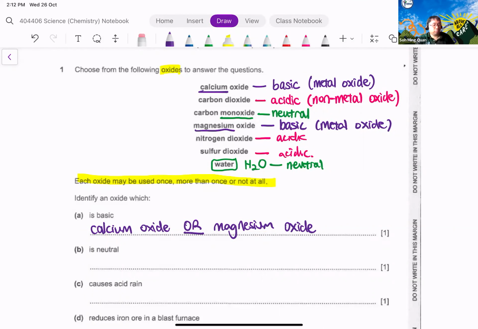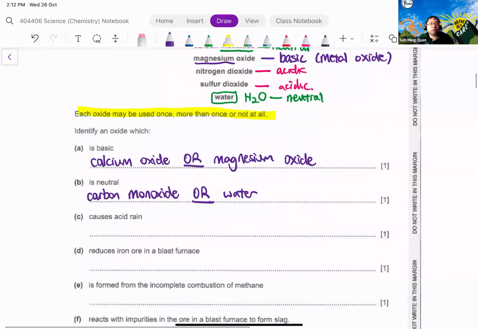Next, neutral. So again, there are two examples of neutral oxides here, right? Carbon monoxide is neutral, or of course you can give water. Next, what causes acid rain? Now this one, there are also two answers. And the answer is not carbon dioxide. Carbon dioxide doesn't cause acid rain. Acid rain refers to very acidic rain caused by pollution.